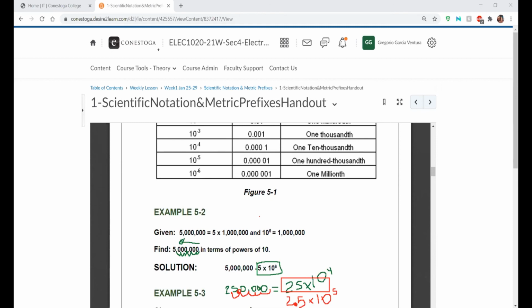So on the flip side, let's say that we have a very, very small number. Let's say that we have 0.0000254. Okay, what is that number?